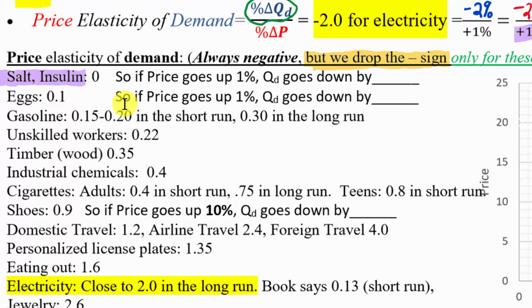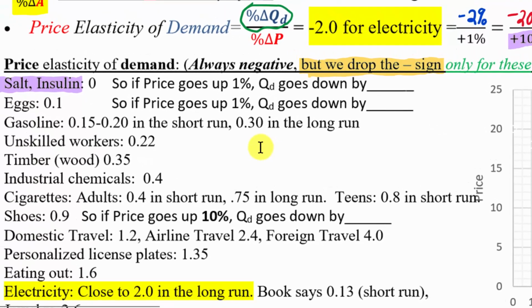Let's go back and look at the salt and insulin. So what would your prediction be if the price of salt goes up by 1%, or if the price of insulin goes up by 1%, what would happen to the quantity demanded? Well, let's use our little shortcut formula here. We're looking at the ratio for the standard interpretation.